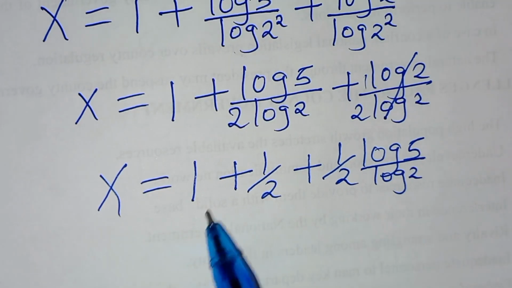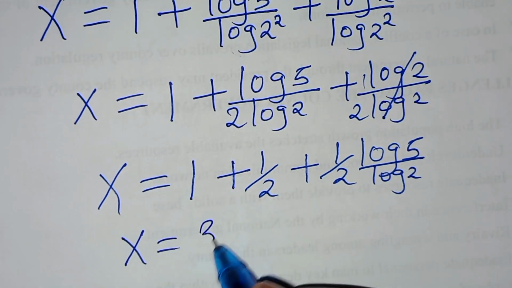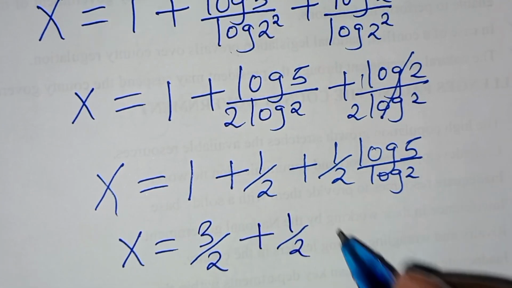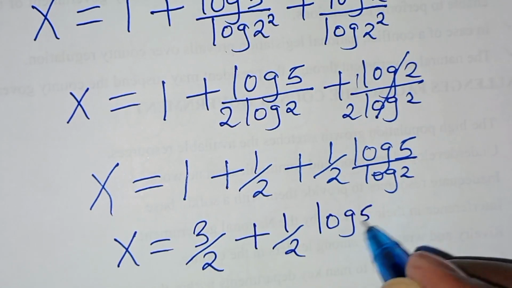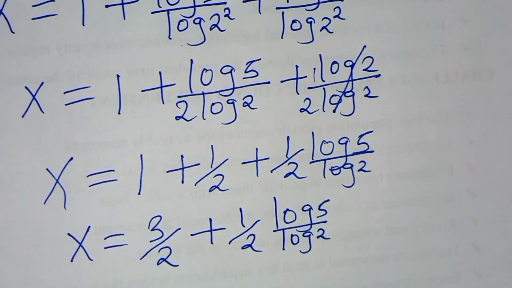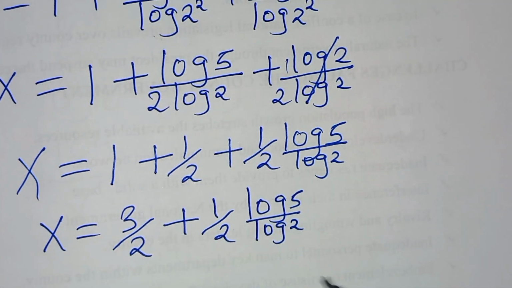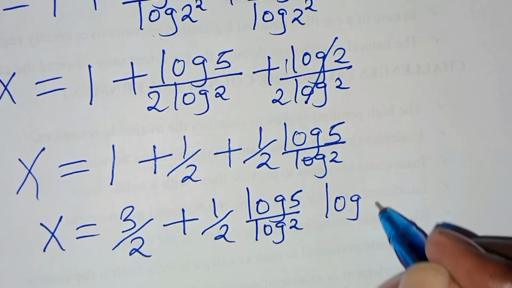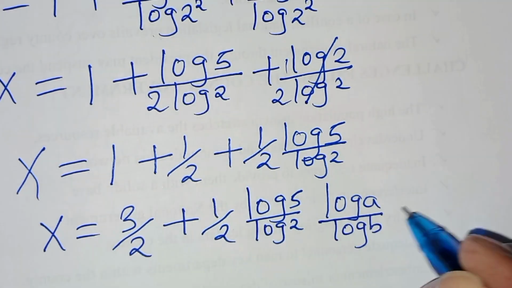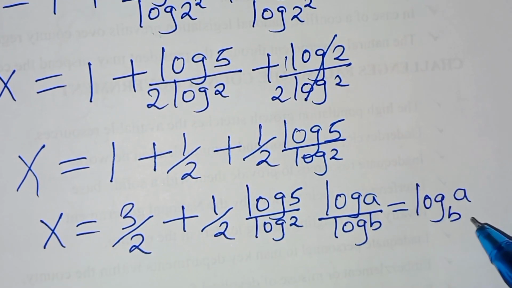The next step here, we have 1 plus a half, and this is the same thing as 3 over 2 plus a half log 5 divided by log 2. The next step from here, log 5 divided by log 2, this is in the form of log a divided by log b, which we can express as log a to base b.